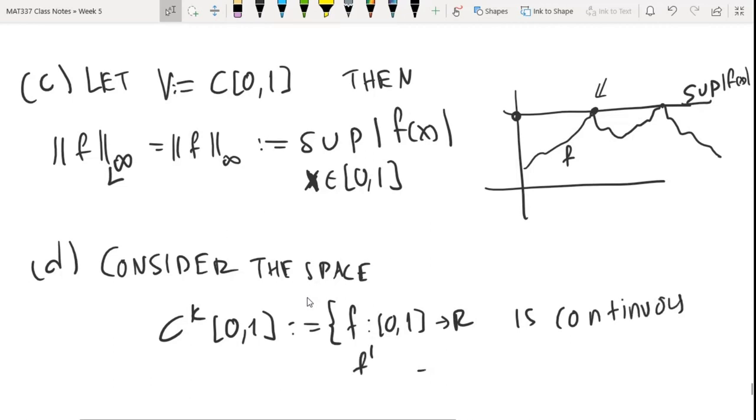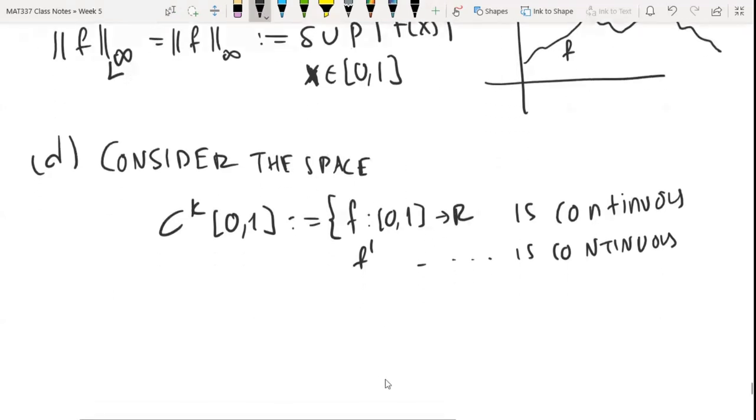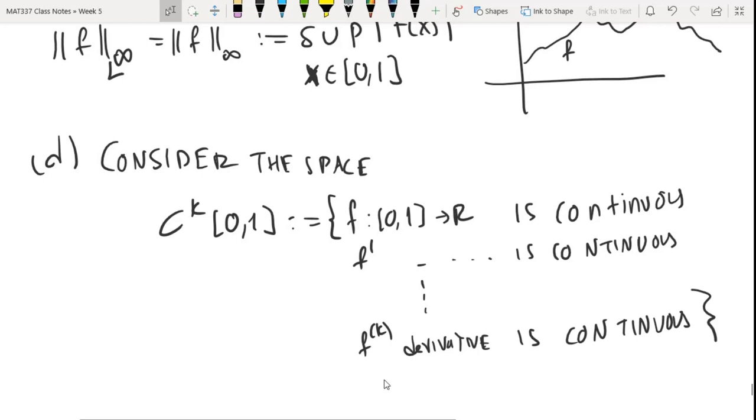F prime is continuous. And so on. The k-th derivative is continuous. So the first k derivatives are continuous.